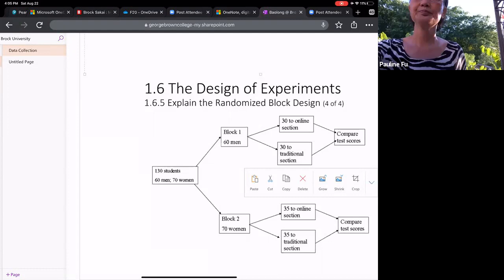We also introduced observational study versus design of experiments. For observational studies, you have 3 different types. One is cross-sectional studies, which collect information about individuals at a specific point in time or over a very short period of time.